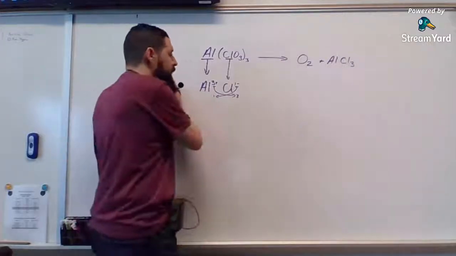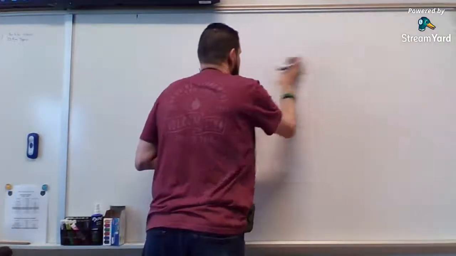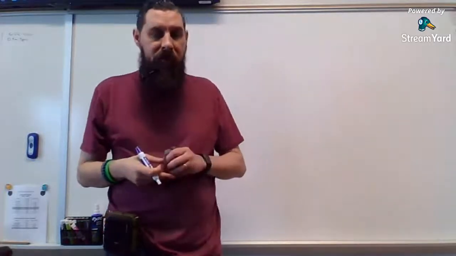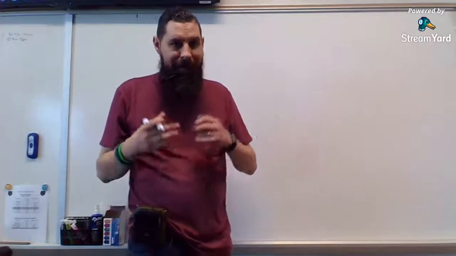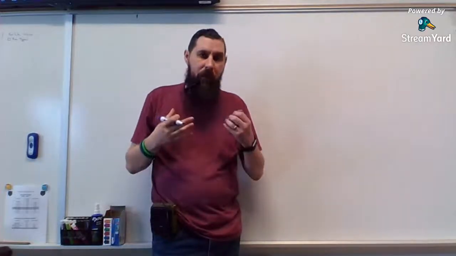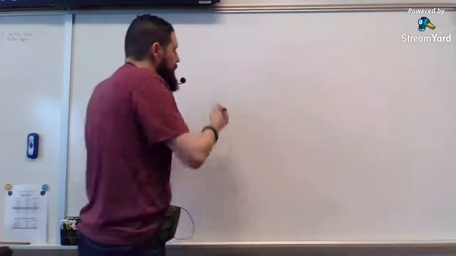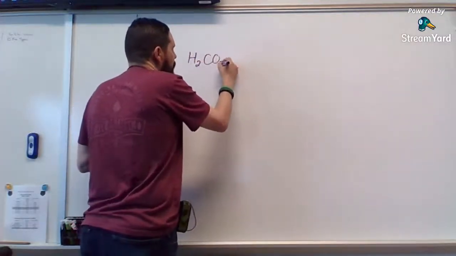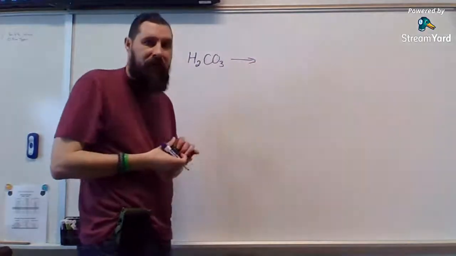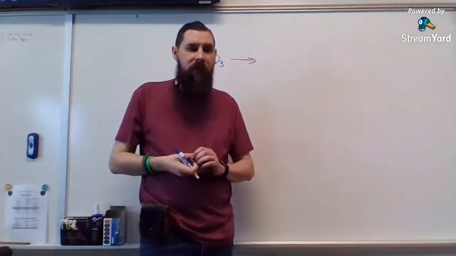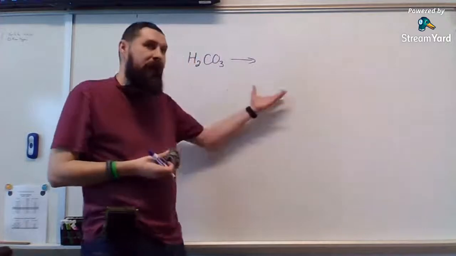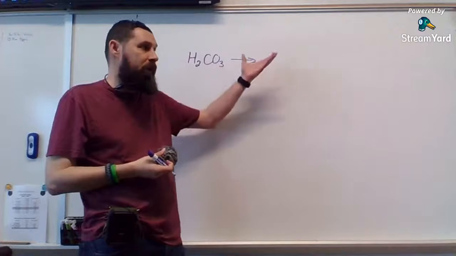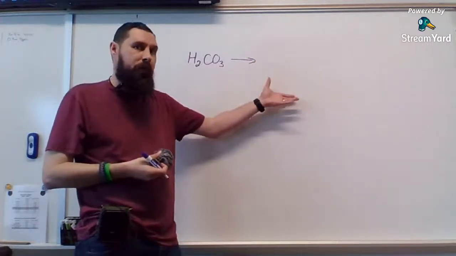Last type of decomposition that we're going to look at is the decomposition of acids. So in the decomposition of acids, we're always going to end up producing a non-metal oxide and then water. So take a look at, say, H2CO3. This is carbonic acid, which, if you've watched the synthesis video, I explained how we would actually synthesize this. And what you'll see is that this is actually the exact reverse reaction.